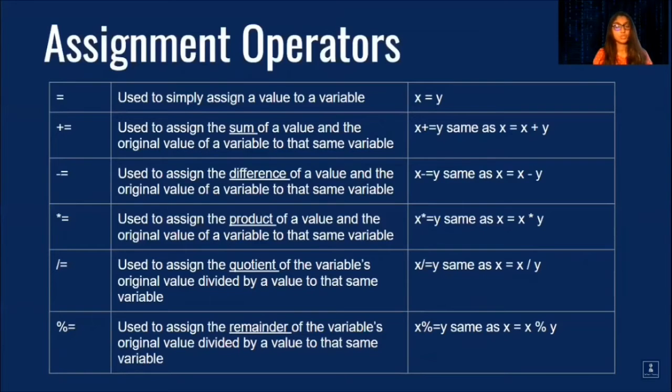And then we go on to slash equals, which means x equals x divided by y. And finally, we go on to the % symbol equals, which means that x equals x modulus y, which essentially means that it stores the remainder of x divided by y. The modulus symbol means that it stores the remainder.